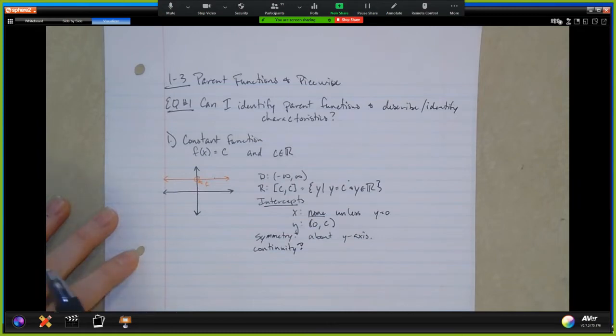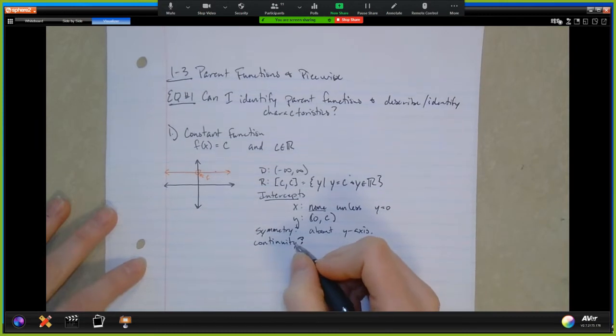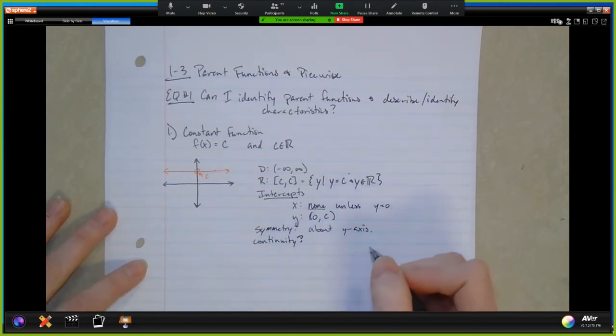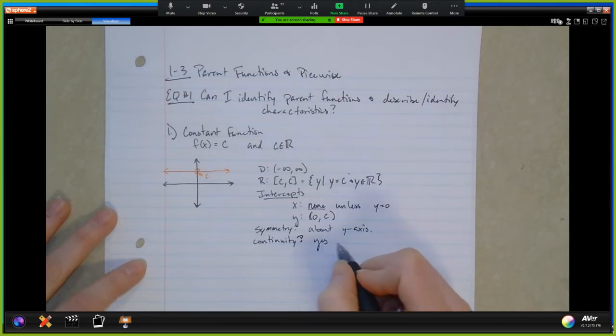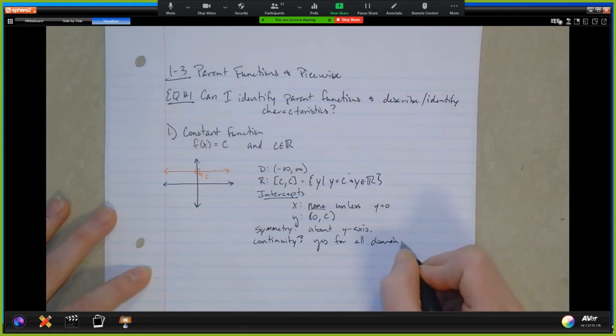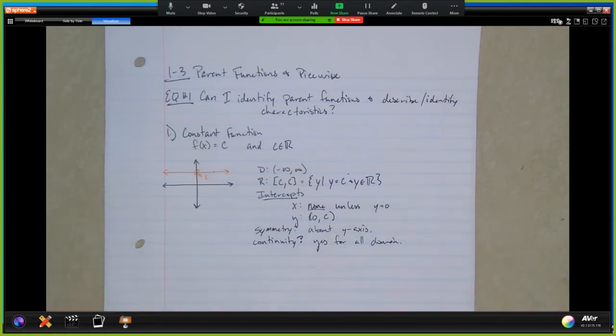So the answer would be yes or no. What would you guys think? Yes. And it is for all domain values. If you're asked what values x is continuous for, then we could say for the whole domain.